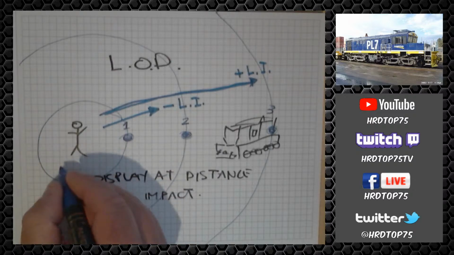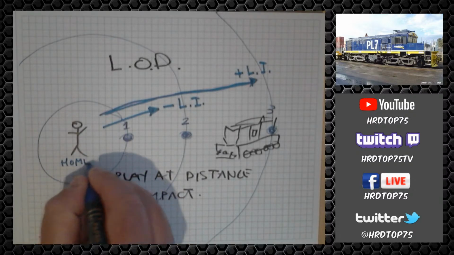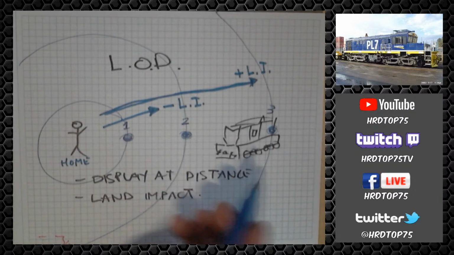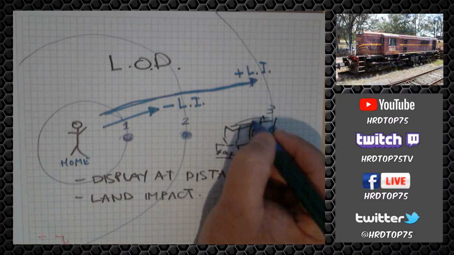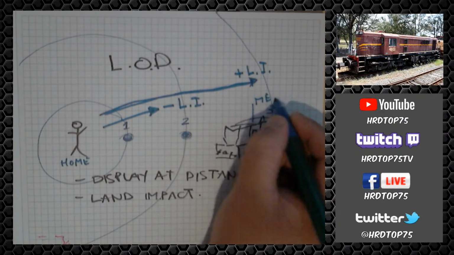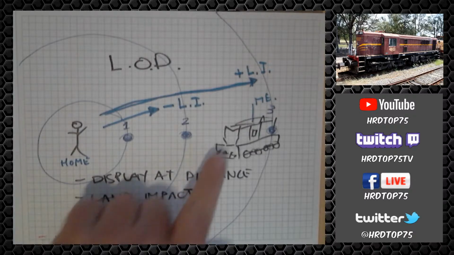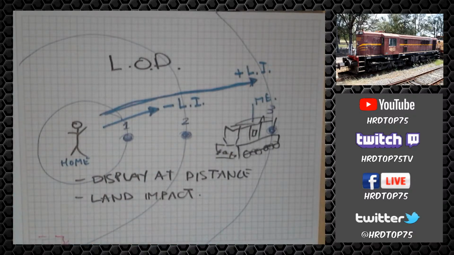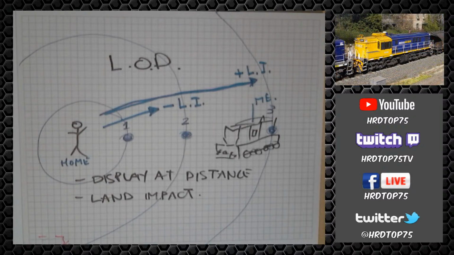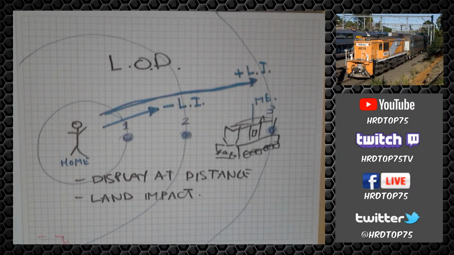He's at home, other end of the sim, and you're driving your train towards him. He should see that level of impact. Sorry, not level of impact. Display distance, level of display from the other end.